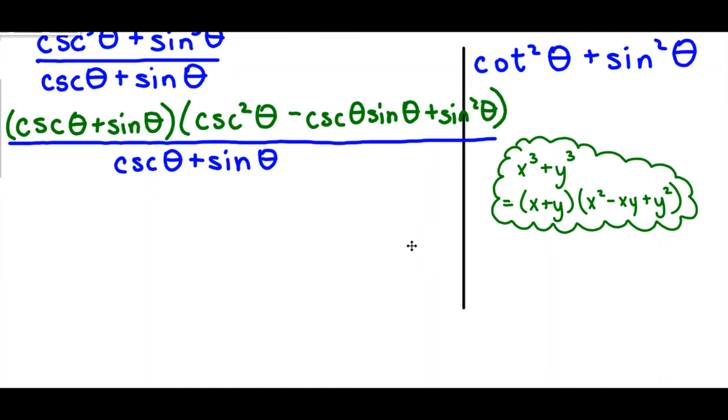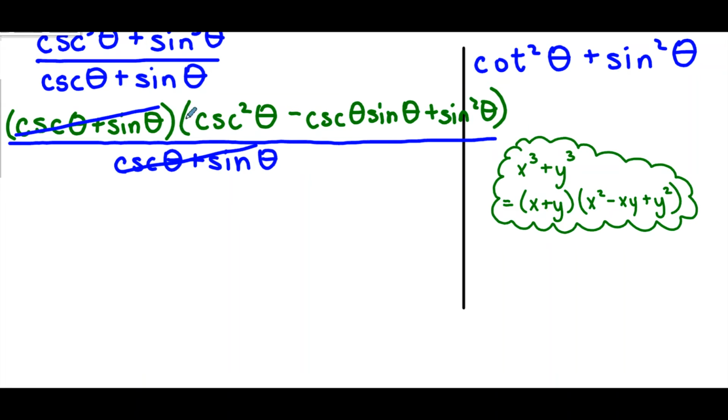Once I have that done, I can take a look and see, is there anything I can do to make this a lot simpler? So I'm going to take a look at what I have on the top. I'm going to take a look at what I have on the bottom. I'm going to notice, hey, cosecant theta plus sine theta is located here, but it's also located here. So because these are multiplied, I can cancel that out top and bottom. And it's going to cancel to being 1.